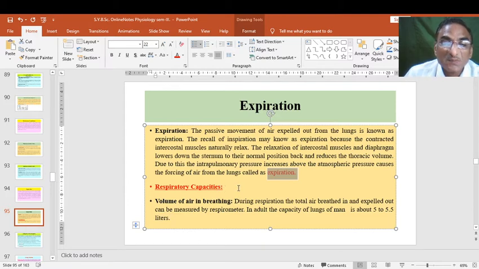The next topic is respiratory capacities. Different organs in the respiratory system have different respiratory capacities. It also changes according to the time, day, age, etc.